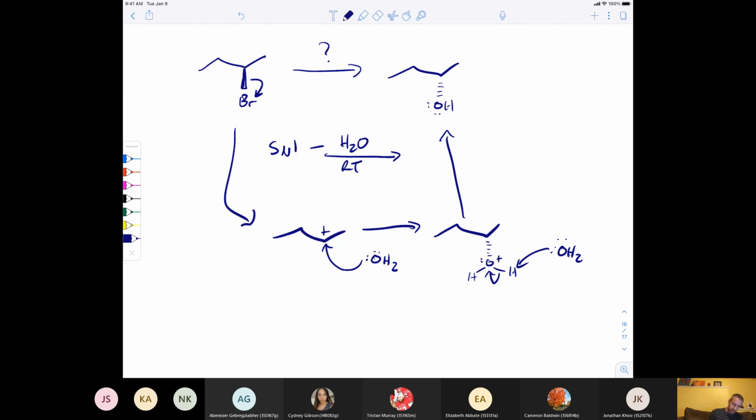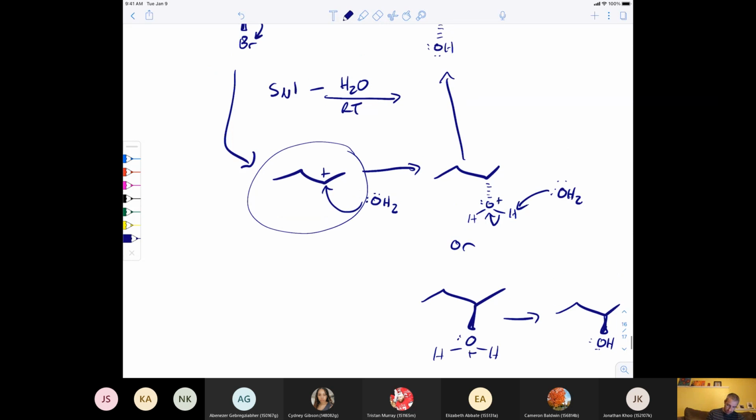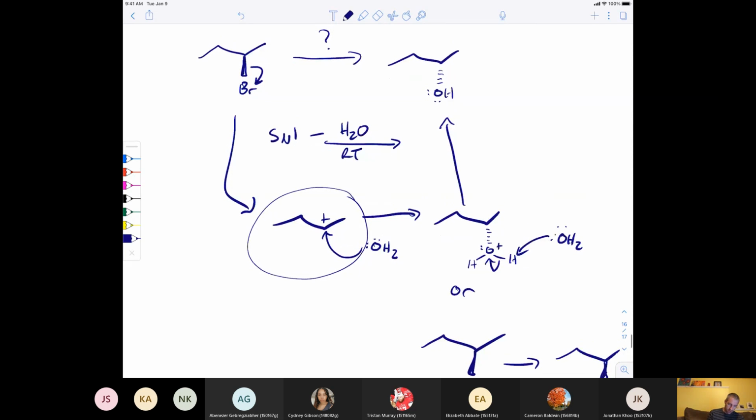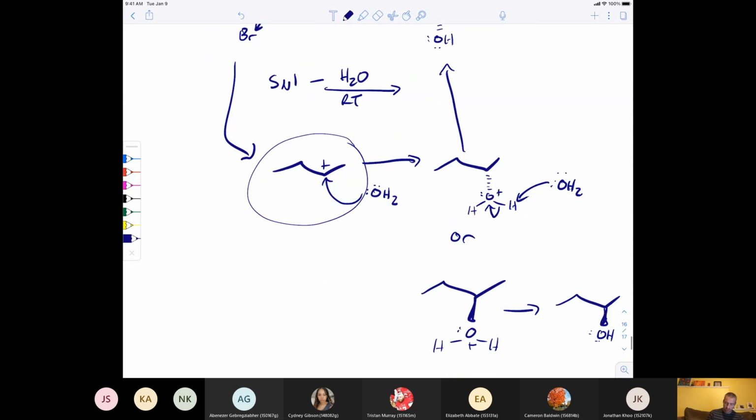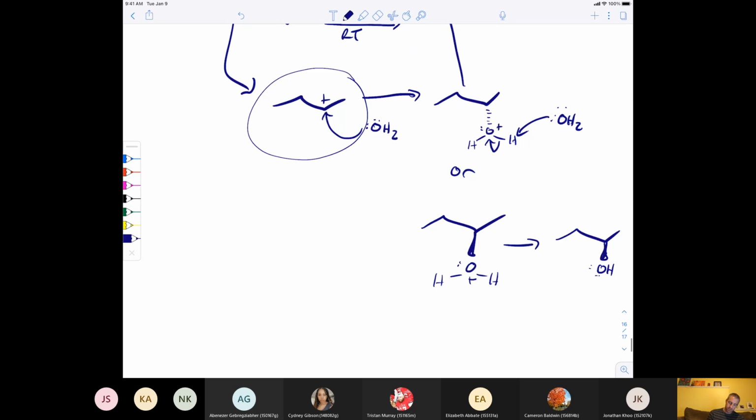But the problem is, at this particular step right here, it could also give you this, so it does give you the product you want, but it also gives you 50% of a different product. So I would predict that would be 50% yield, and you'd end up with a racemic mixture.